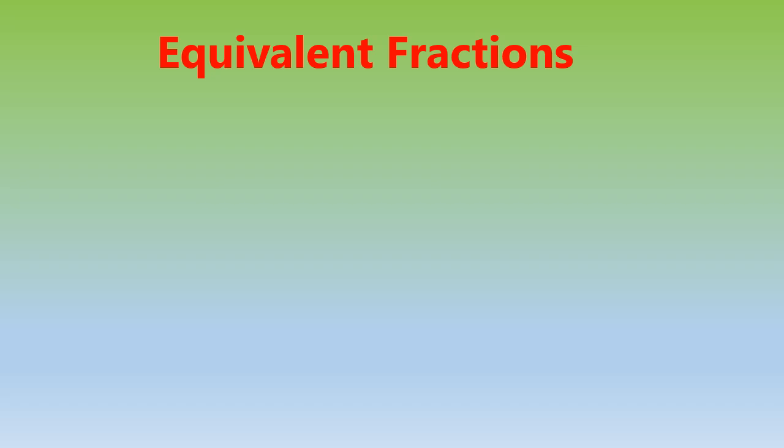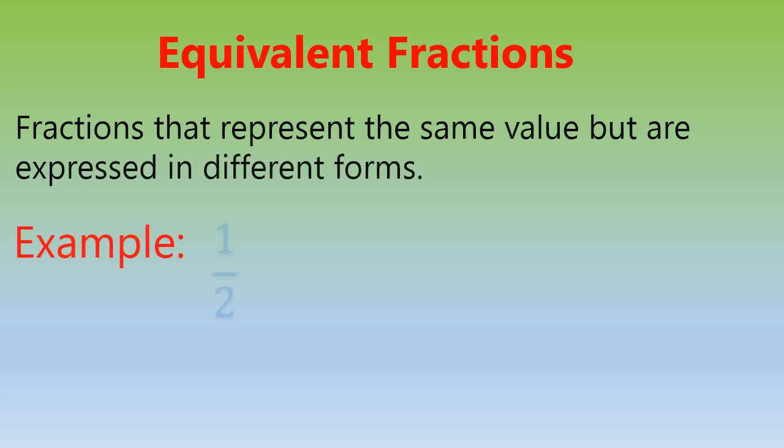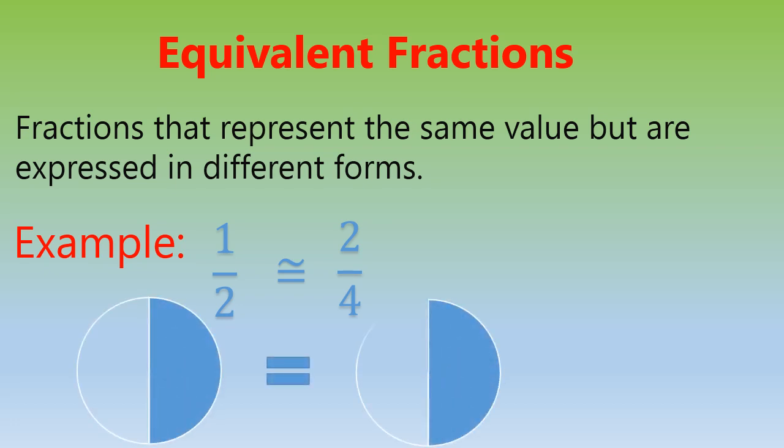The next type of fraction is equivalent fractions, which are fractions that represent the same value but are expressed in different forms. For example, 1/2 and 2/4 are two fractions in different forms, but they have the same value, because 1/2 means half of the whole and 2/4 is also half of the whole.